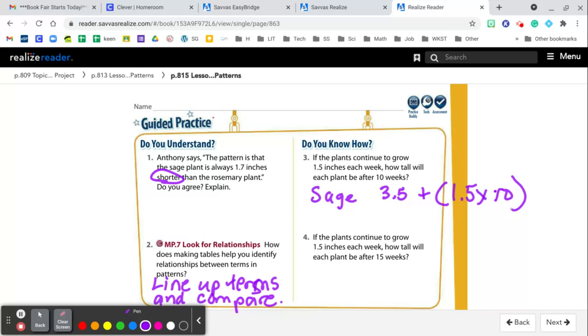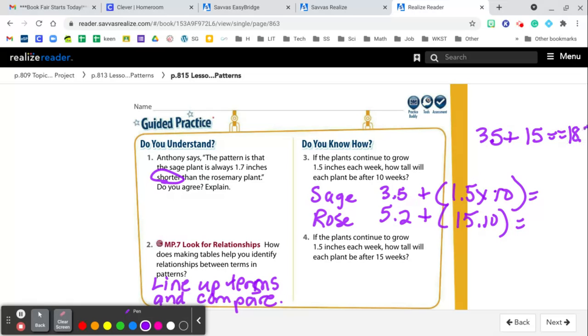And the rosemary, which starts at 5.2, we're going to add 1.5 times 10 for that plant. And so we wind up with 3.5 plus 15 equals 18.5, and 5.2 plus 15 equals 20.2.